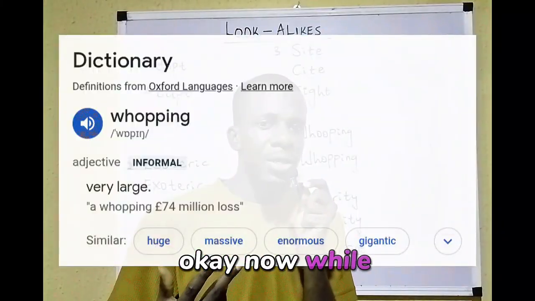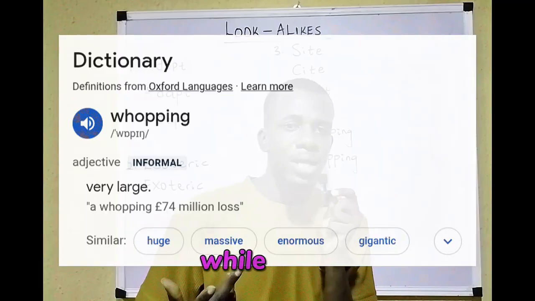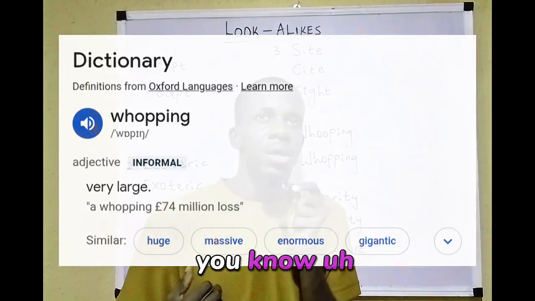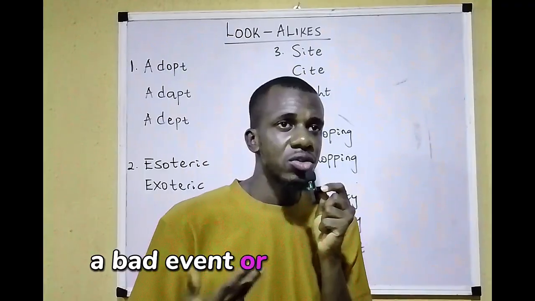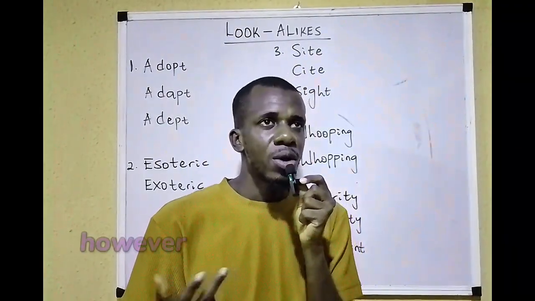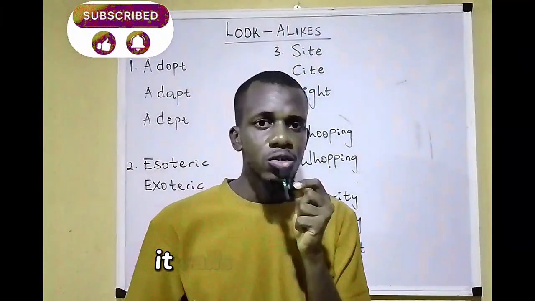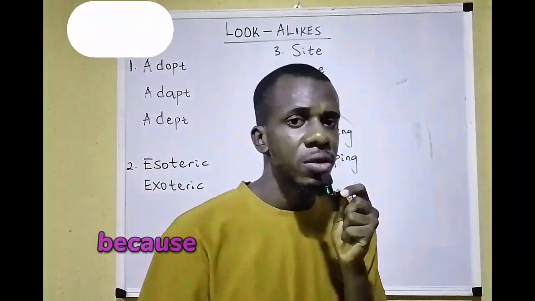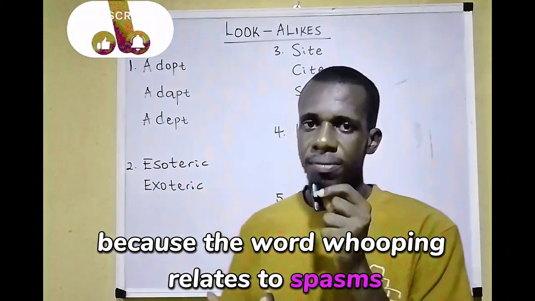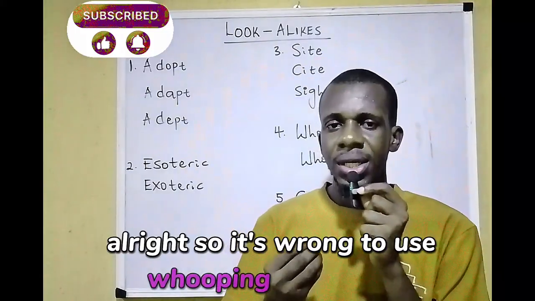Now, while that is a bad event or something that is not so palatable, the usage of the word whooping calls for attention because the word whooping relates to spasms. So it's wrong to use whooping for money.